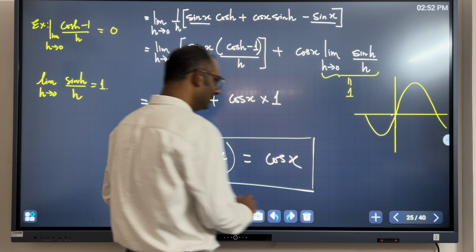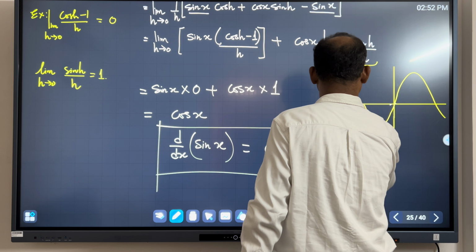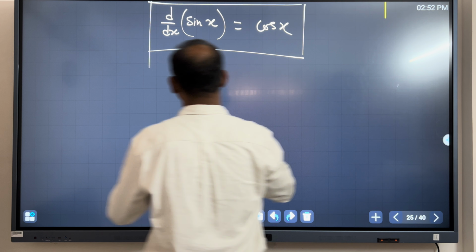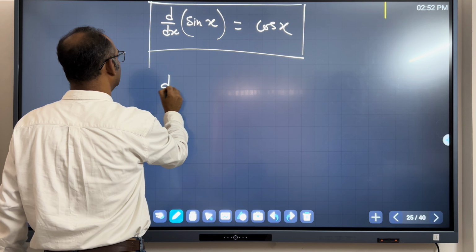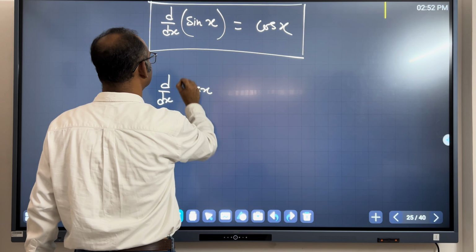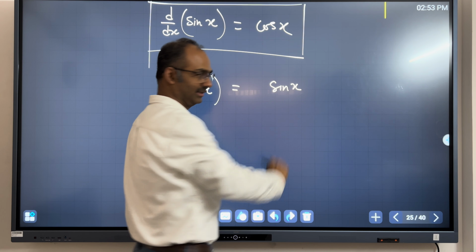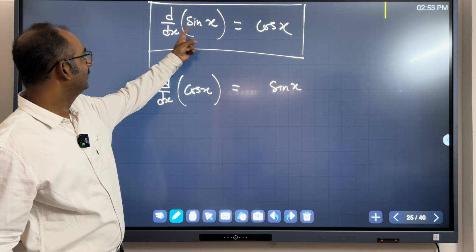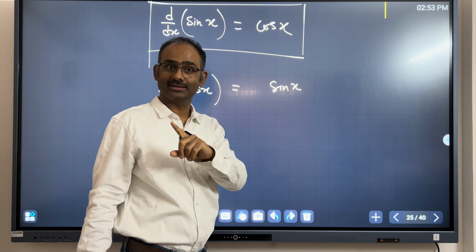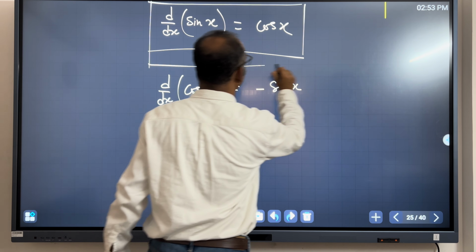If you are, then take this homework. Show that d over dx of cos of x is equal to minus sine of x. So when you take the derivative of sine, you get cos. When you take the derivative of cos, you get sine, but with a minus sign. So don't forget the minus sign.